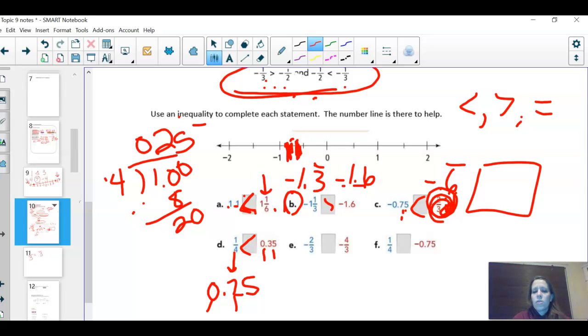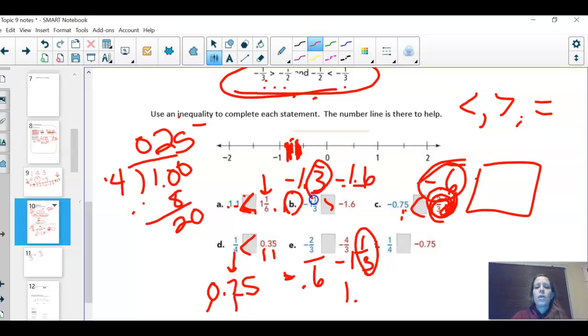Negativo 2/3, negative 2/3. That's one I should memorize. It's right here. Negative 0.6. Negative 4/3. Well, 4/3 is the same as negative 1 and 1/3. So that's going to give me 1 and 1/3, 1/3, it's right here, 0.3.